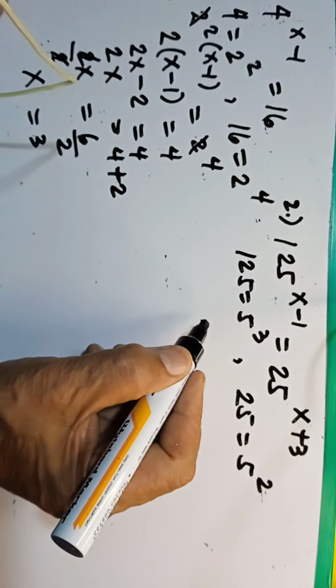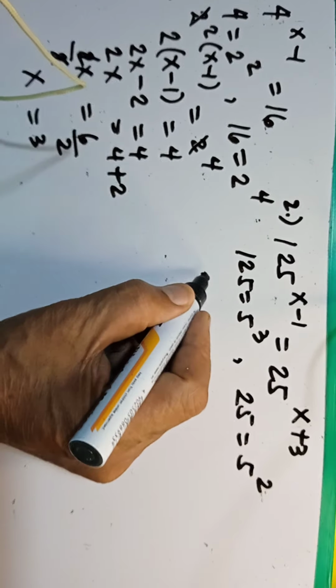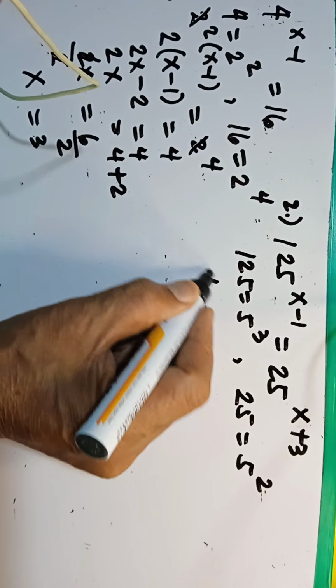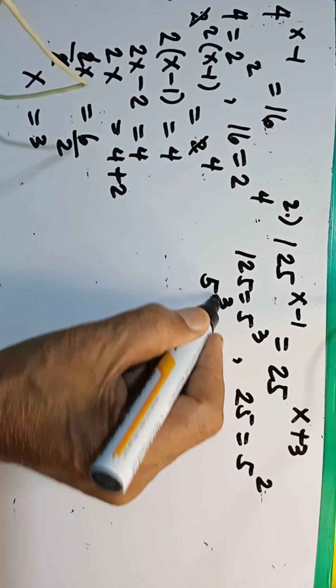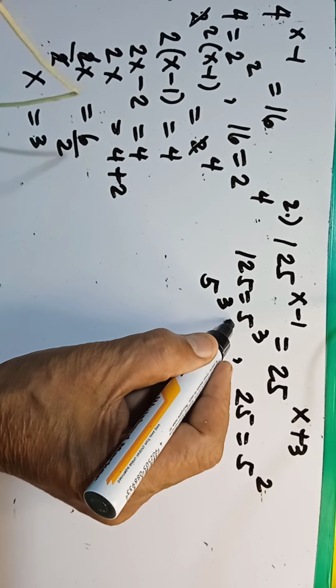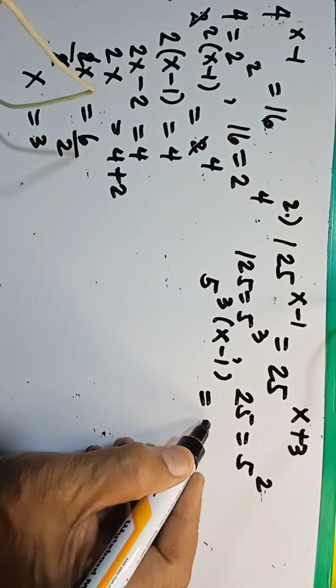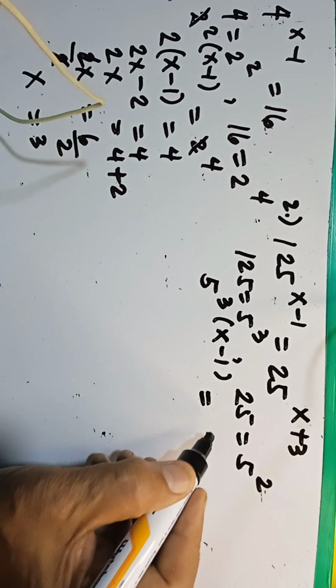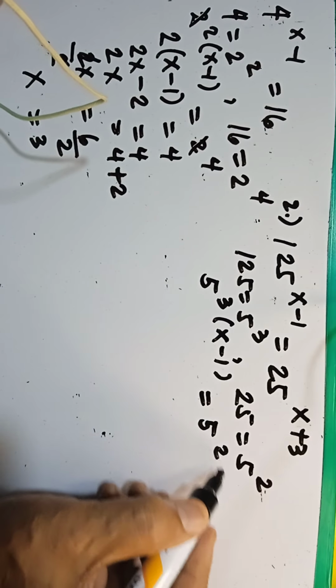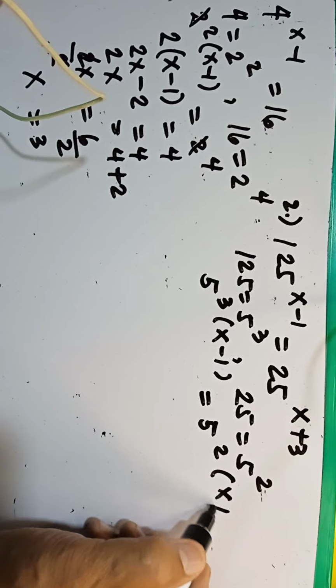So let's change 125 to 5 cubed. So 5 raised to the third power times x minus 1 is equal to 25, which is 5 squared, raised to x plus 3.